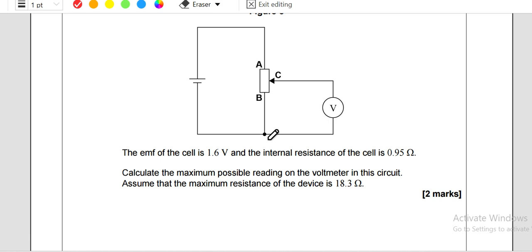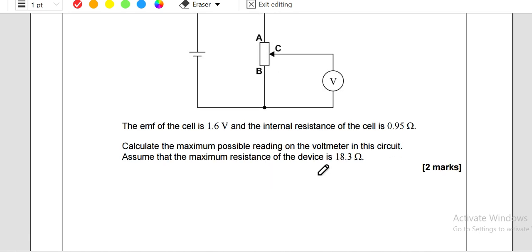One of them is using the potential divider formula, which is V, the potential taken from this part, over the total potential, which is that of the EMF 1.6, equating it to the value of resistance, and in this case this value will be 18.3.